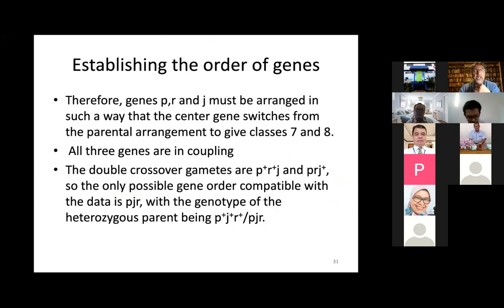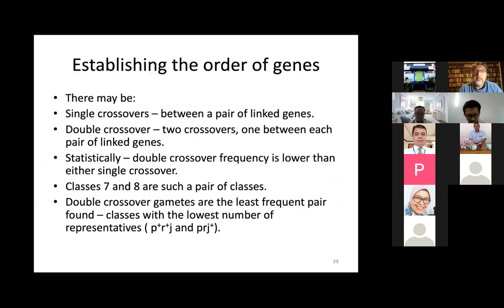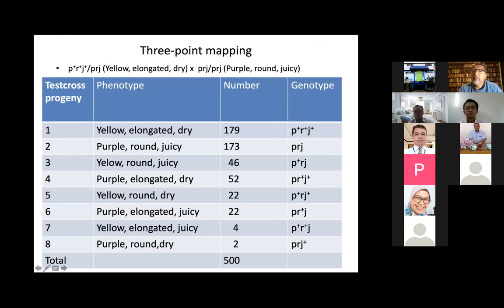So the genes P, R, and J must be arranged in such a way that the center gene switches from the parental arrangement to give classes 7 and 8. So the parental arrangement was like this: P plus, all in coupling, right? P plus, R plus, J plus, or P, R, J in small caps. So in classes 7 and 8, which gene changes from the parental configuration to the other one?